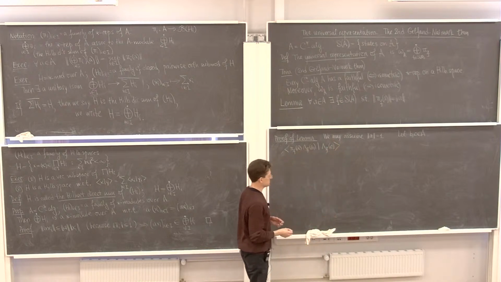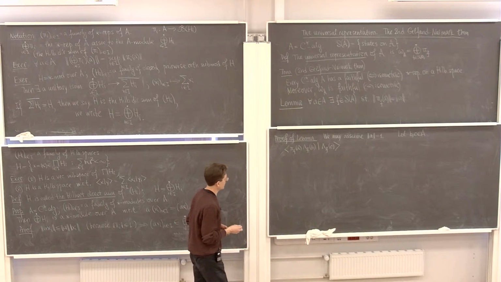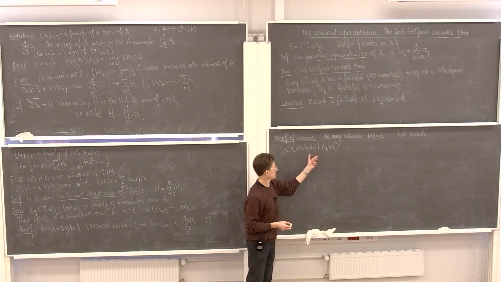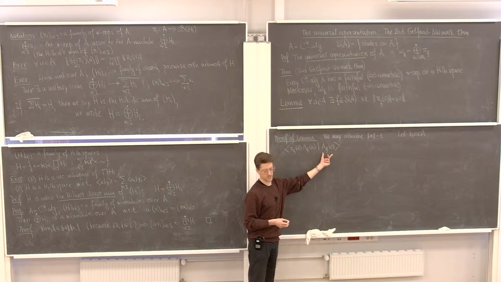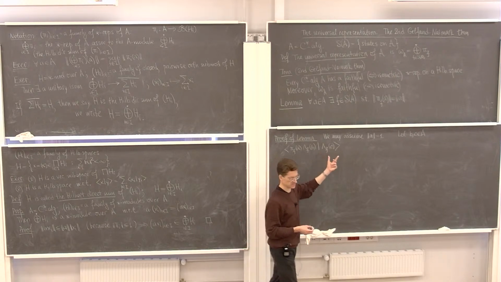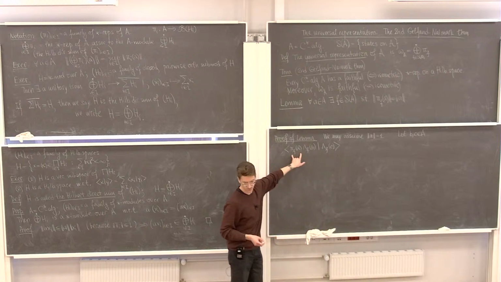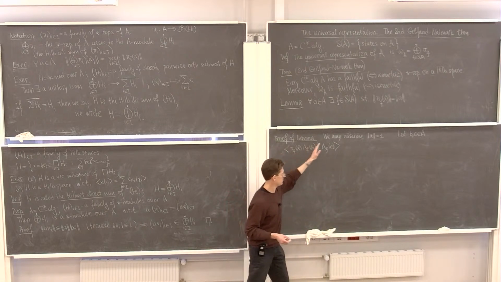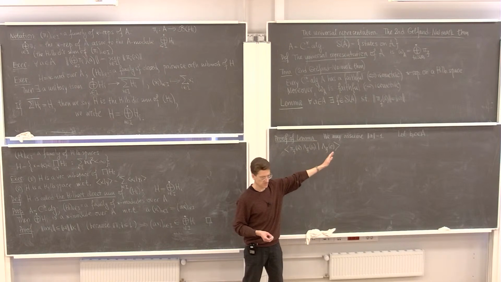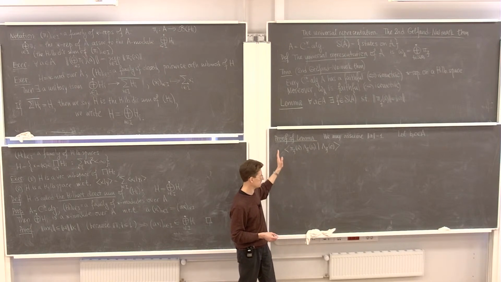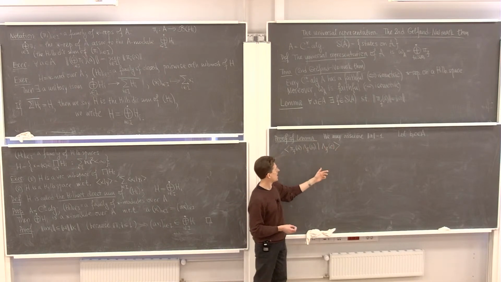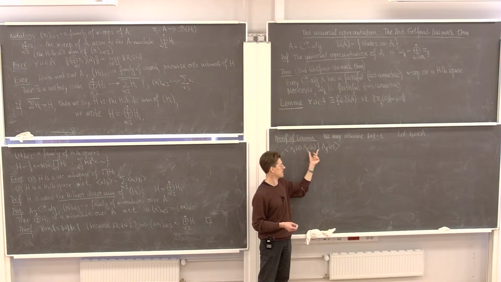Why is it natural to consider this expression? Well, these vectors run over a dense subspace in our Hilbert space. So the norm of pi_f of a is just the supremum of the absolute value of this expression, as these two vectors run over the unit sphere.